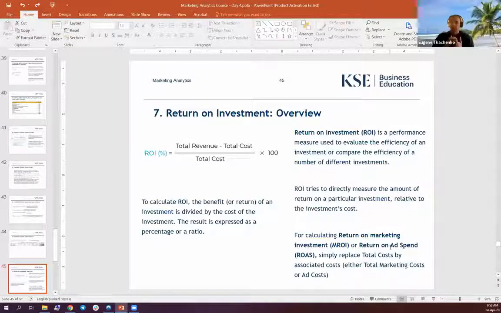But return on marketing investment, and please keep that in mind, is related to tactical execution, campaign related. Return on investment as a large item will only be related to something like equipment, new equipment purchases, product line optimizations, store openings, etc.